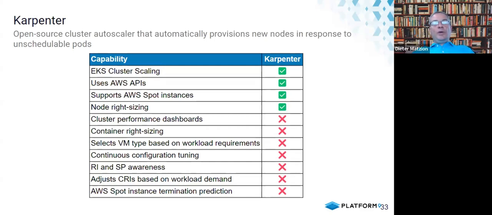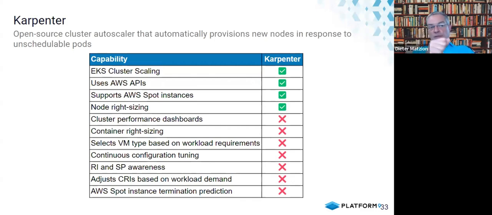Karpenter is also not aware of reserved instances or savings plans. So these are prepayment products. Think of it like coupons. You get like 20% off an Applebee's or something like that, or a 10% off Mountain Mike's pizza.